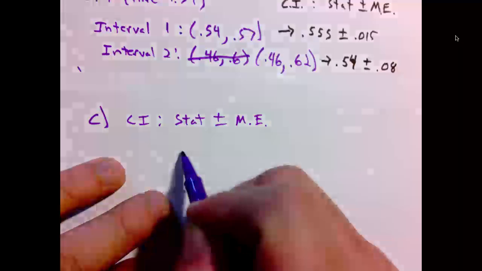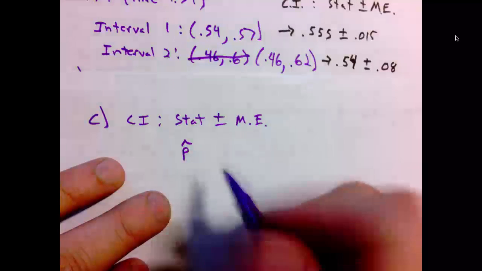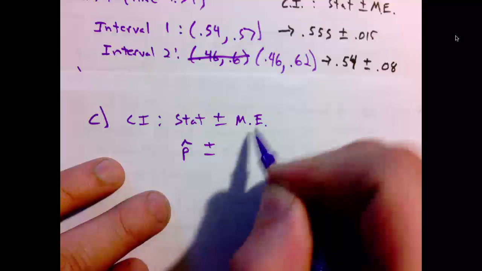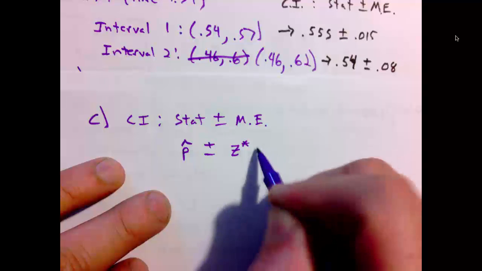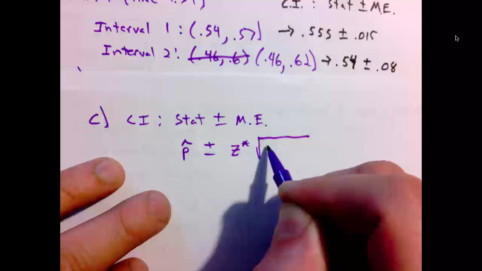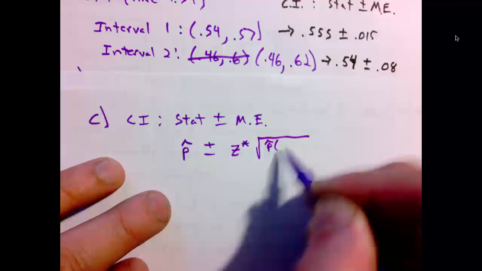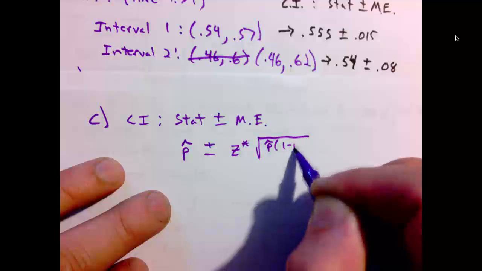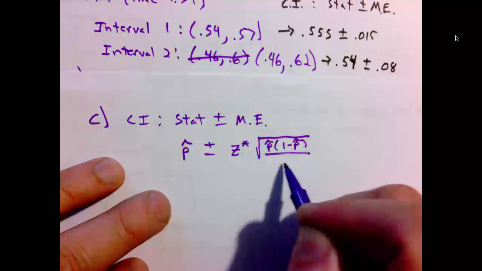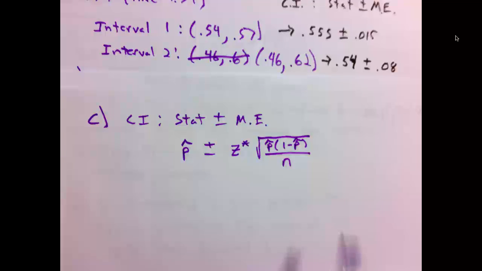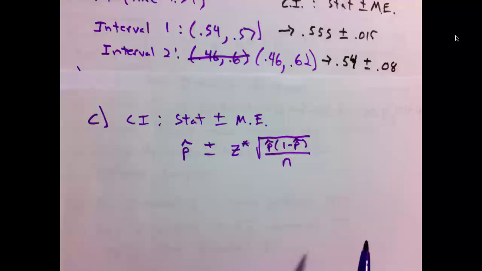Our stat is p hat, and our margin of error is our z star times the square root of p hat times 1 minus p hat, divided by n.